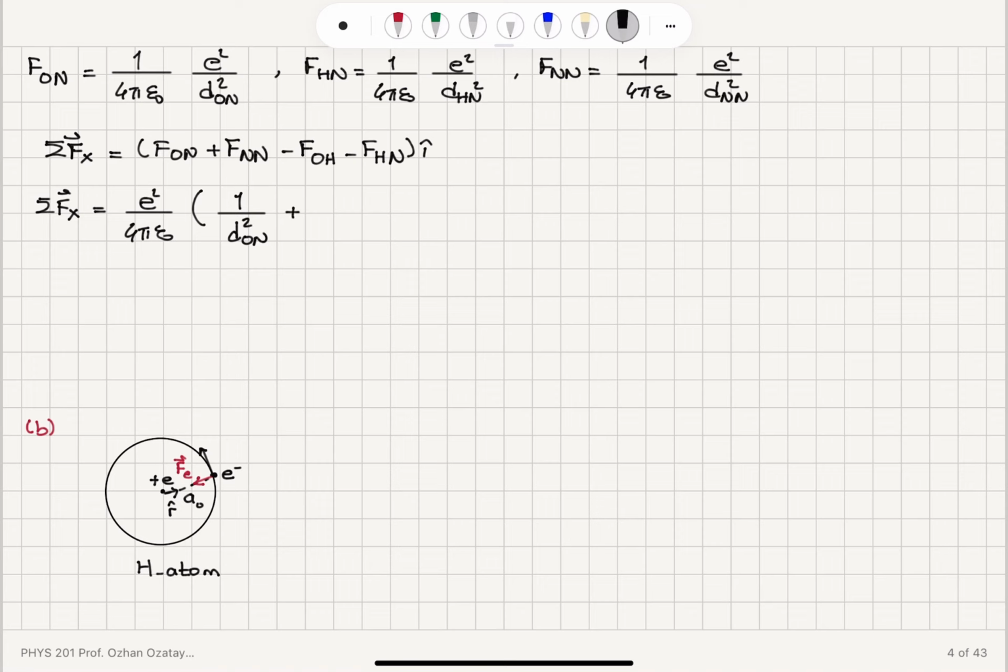Then I have 1 over D_NN squared. Then I have minus 1 over D_OH squared. And then I have minus 1 over D_HN squared. Once again, that's not the bond length, but it's the distance between H plus and N minus.